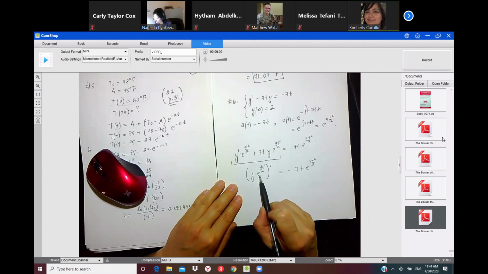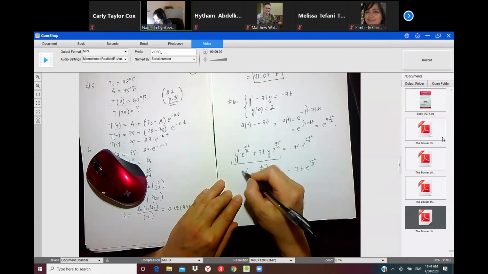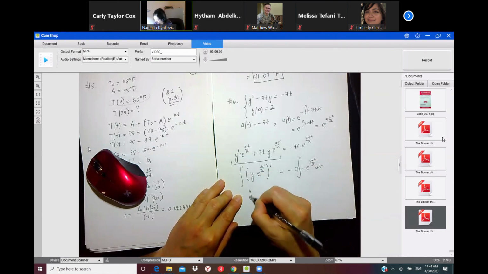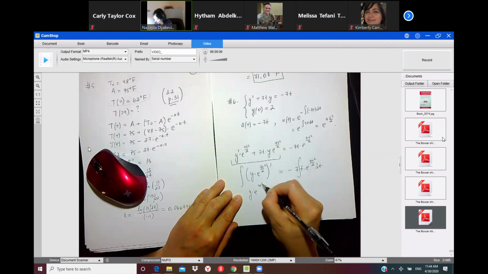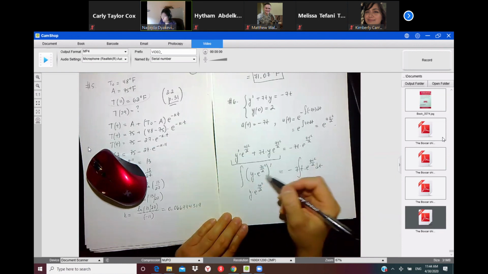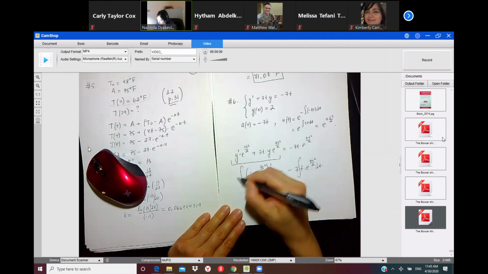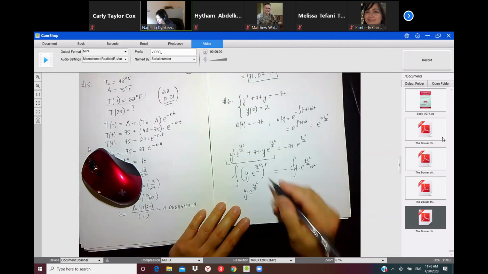Yeah. All right, so we have to integrate now, so let's integrate. On the left-hand side, we're just getting our product y times e to the 7t squared over 2 because integral and derivative cancel each other.